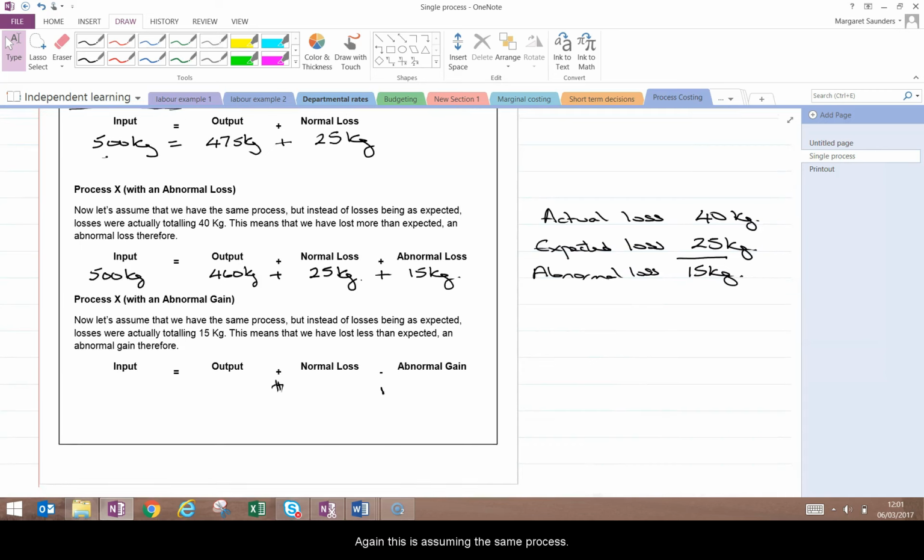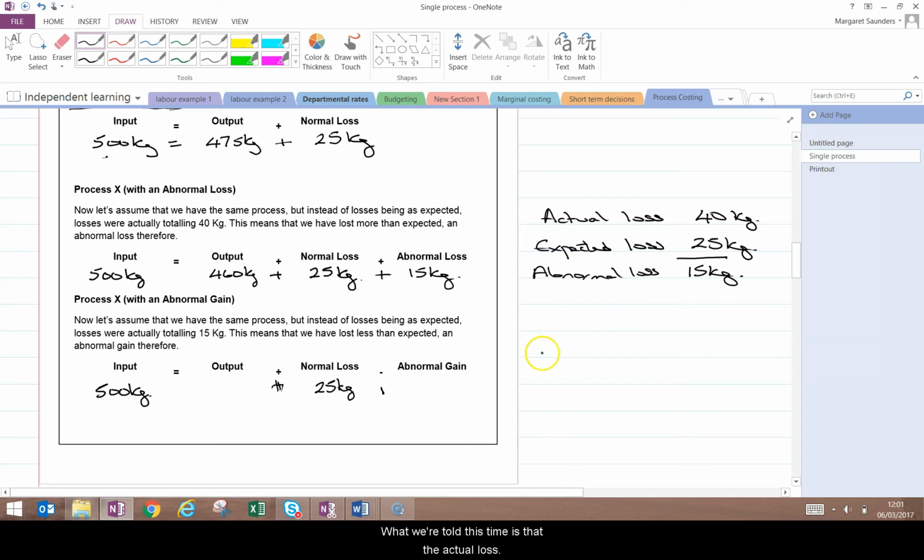So again, this is assuming the same process. So we're inputting 500 kilos. Make the first thing that you record on the right hand side your normal loss. We know it's 5%, so we know it's 25 kilos.